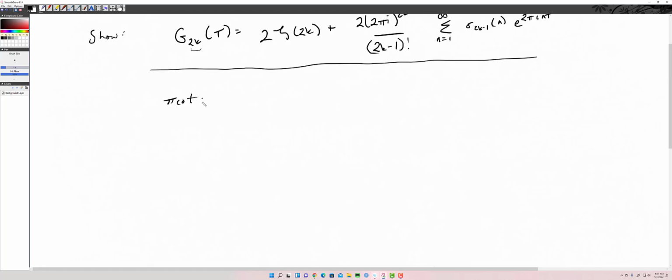And actually, we have these notes, so I'm just going to use them. Cotangent looks like this, using m, where m is non-zero, 1 over tau plus m minus 1 over m.